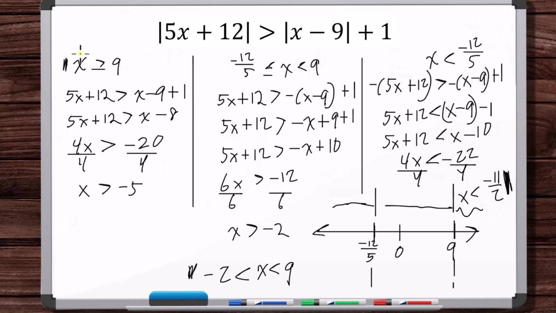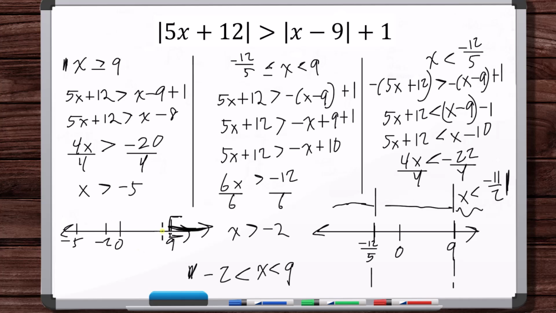Okay, now let's apply an OR between these three, to bring all the solutions together into one concise form. So, 2 times 5 is 10, so this is around the minus 5 region. Minus 2, 9. So x is greater than or equal to 9. x is less than 9, greater than minus 2.